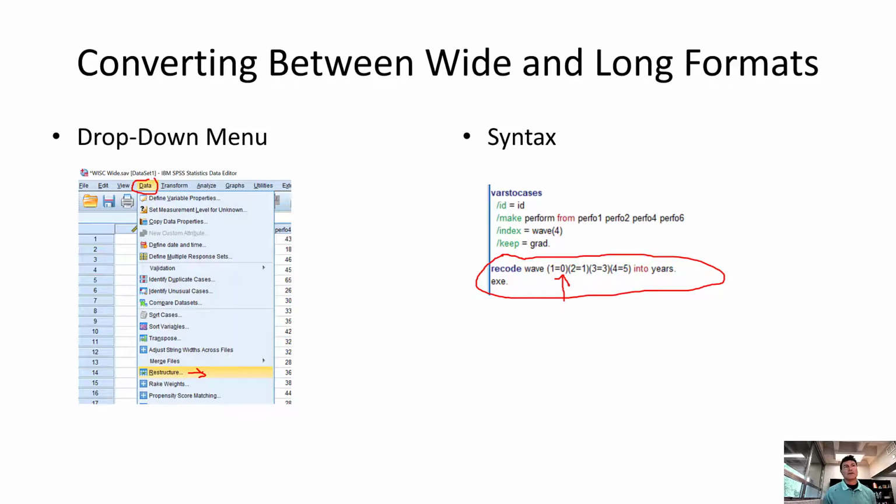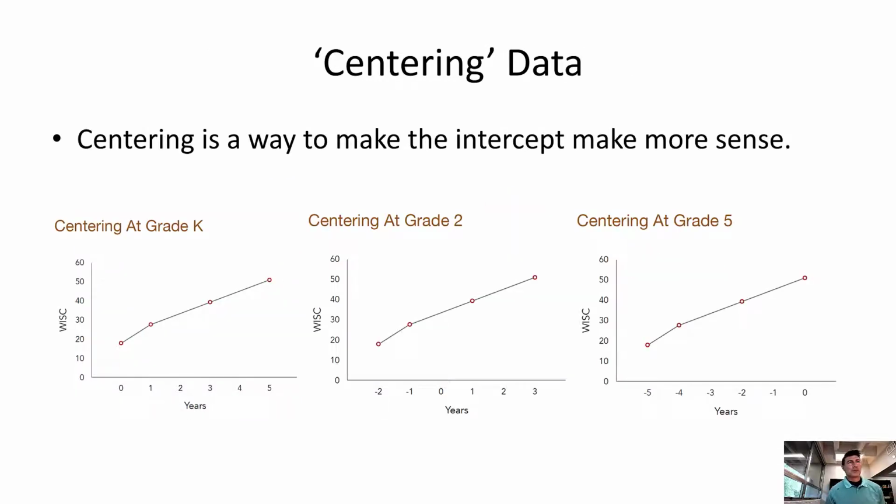So this is a graphical representation of what we're doing. Our figures are based on kindergarten, or I'm sorry, let's start this over. There's no kindergarten in this data set. So the first time point is first grade, the second time point is second grade, the third time point is fourth grade, and the last time point is sixth grade.